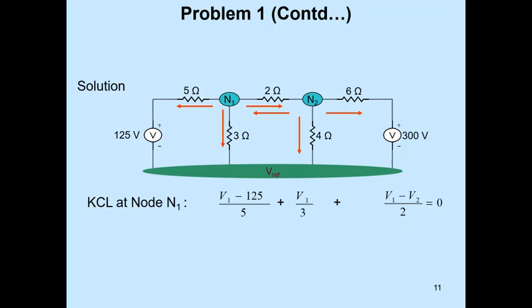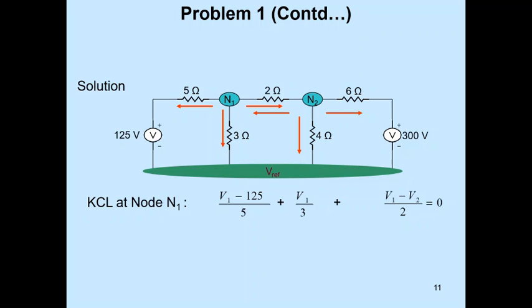Kirchhoff's law at node 1 gives (V1 minus 125) by 5 plus V1 by 3 plus (V1 minus V2) by 2 is equal to 0.